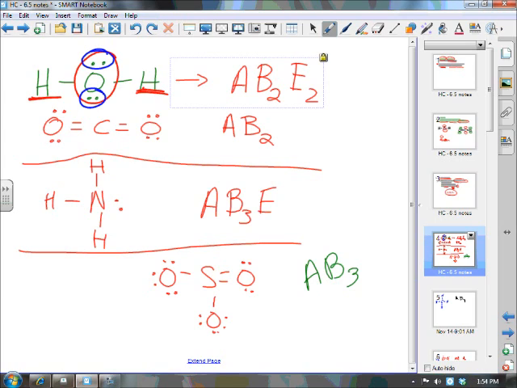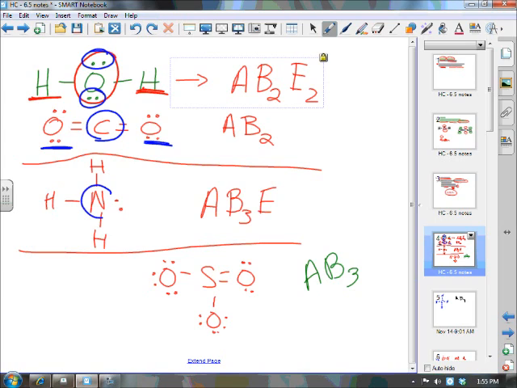There's our E2. Carbon dioxide: center atom, A. Two other atoms attached to it, B. There are no electrons on the carbon, so we have no E. You could put E0 if you wanted to, but you don't need to. And here's the ammonia structure, NH3.